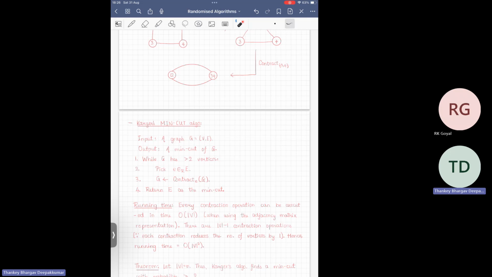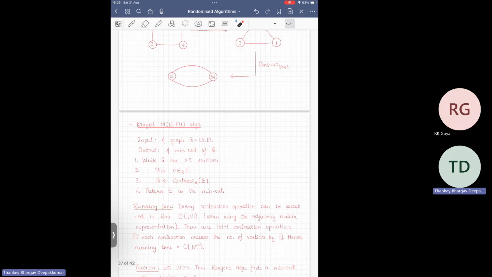What we are going to do is, while G has more than two vertices, we pick an edge uniformly at random from the edge set and set G to be the contraction of G with respect to that edge, right? So when would this loop end? When we have two vertices, the loop terminates.